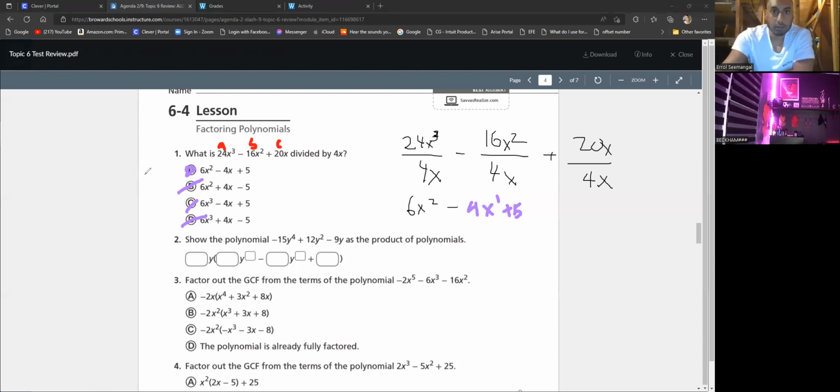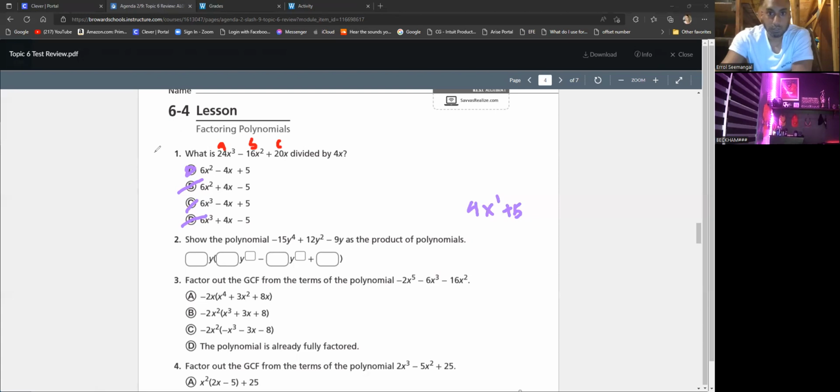Okay. All right, keep going to the next one. Okay, next one. Show the polynomial as a product of polynomials. Basically, take that one and split it into two.